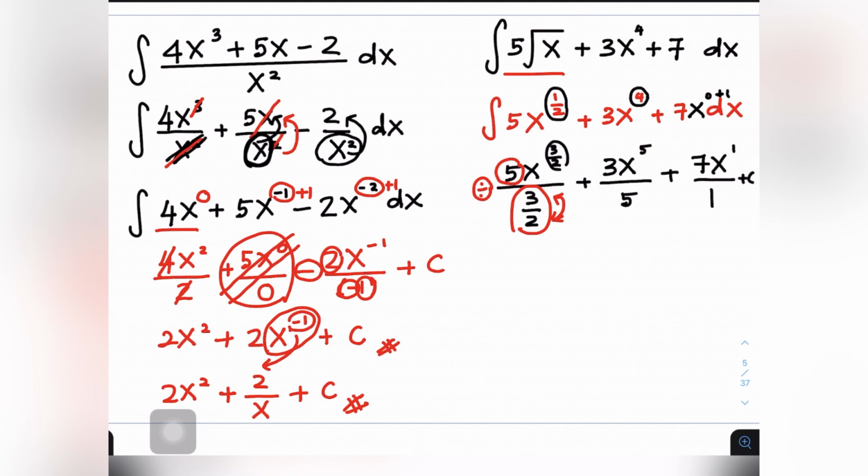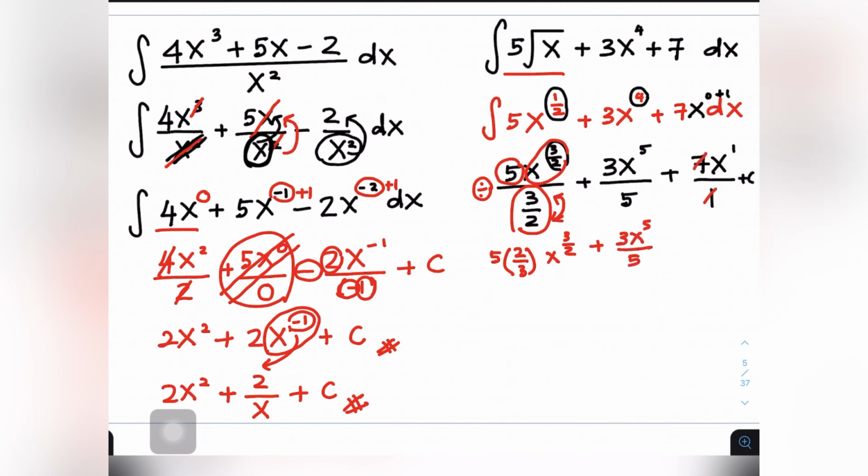So it will be 5 multiplied by 2 over 3 x to the power of 3 over 2 that you have here. Okay, plus, this one you just copy 3x to the power of 5 divided by 5.